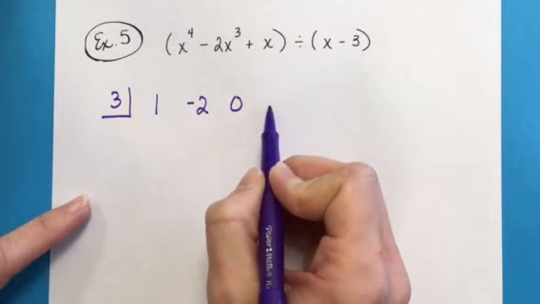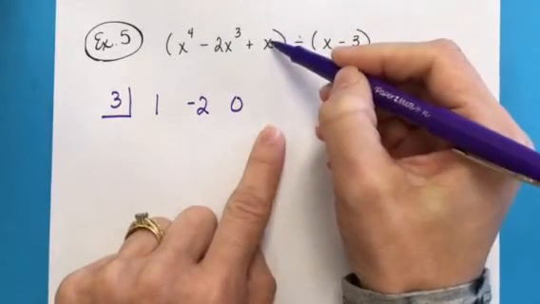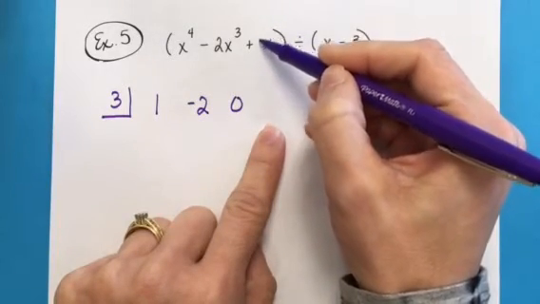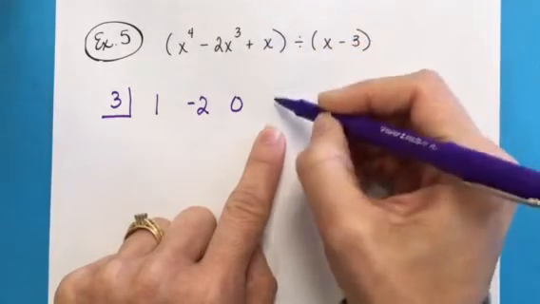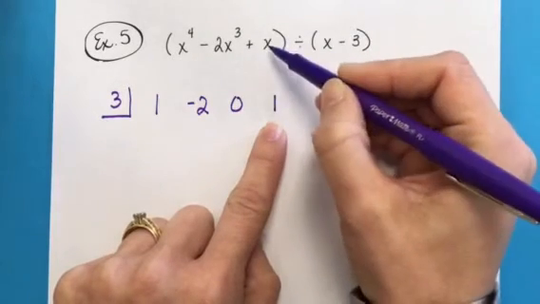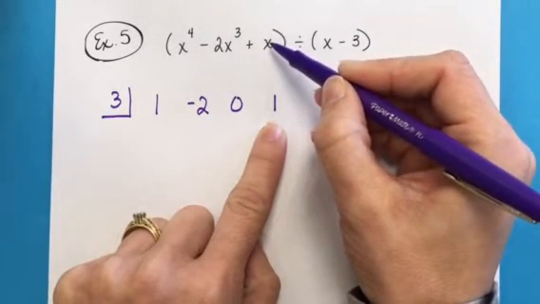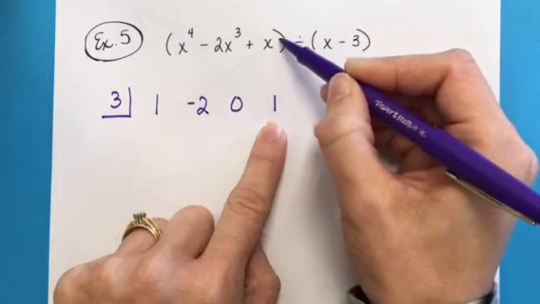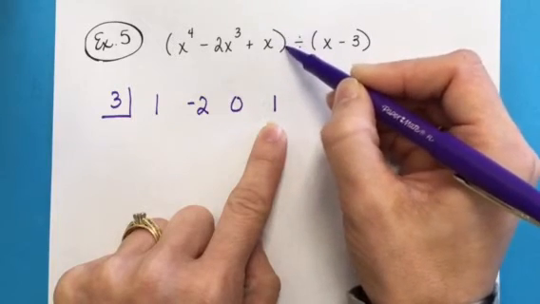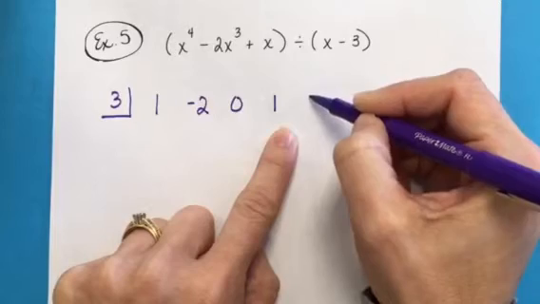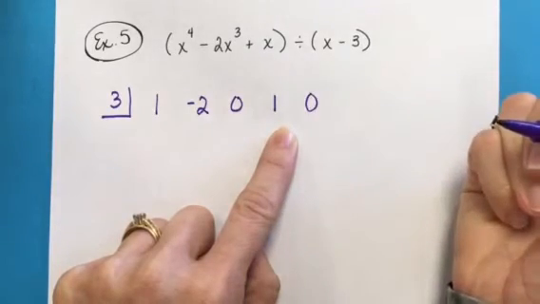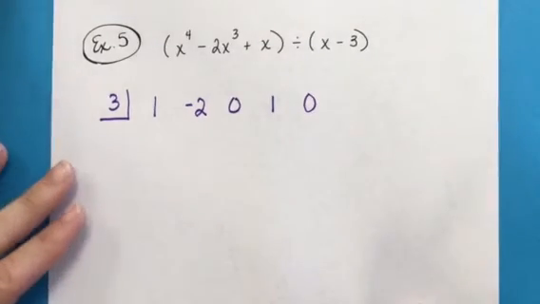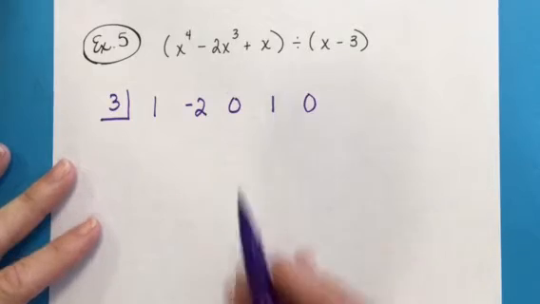So what's next is my first power, which I do have, of x to the first power. Its coefficient here is an understood 1. Now what's supposed to come after an x to the first power is supposed to be just a constant, just a number, and I don't have it, therefore it's understood to be a 0, okay? So don't forget to fill in zeros on these.